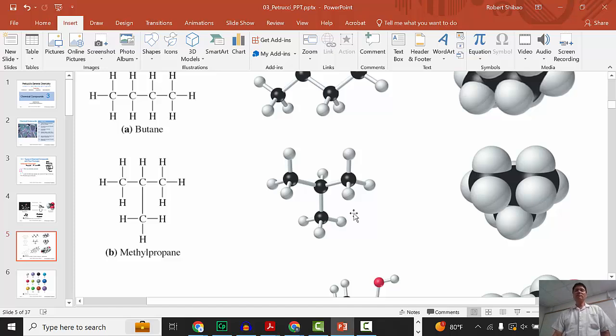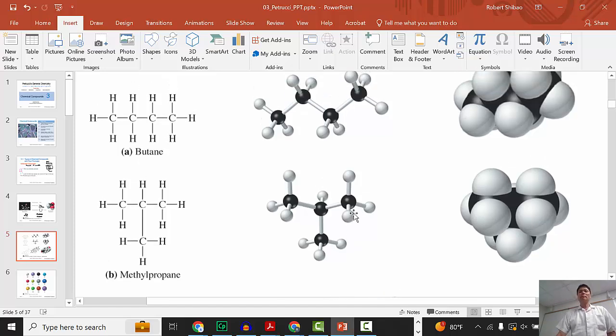So these are all examples of molecular compounds, and even though these are binary, we don't call this a binary molecular compound. We have 4 carbons and 10 hydrogens. So we wouldn't call this tetracarbon decahydride or decahydrogen tetracarbide.